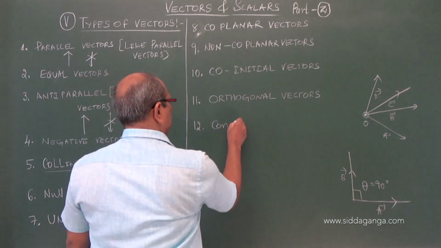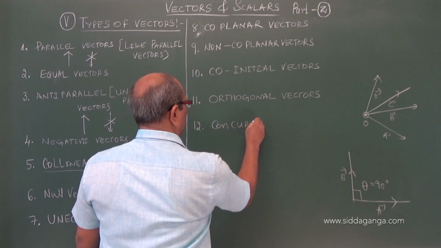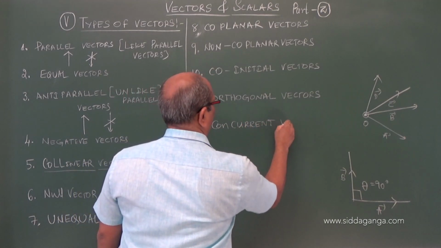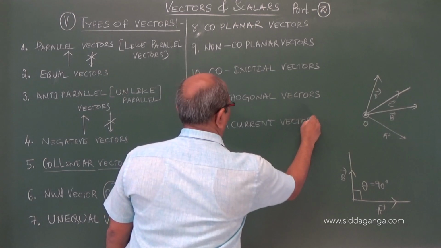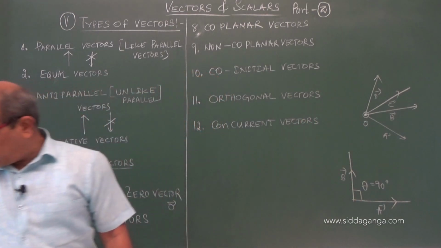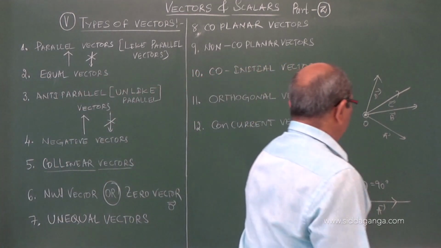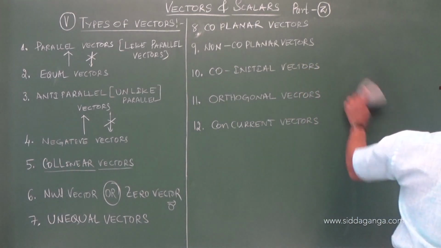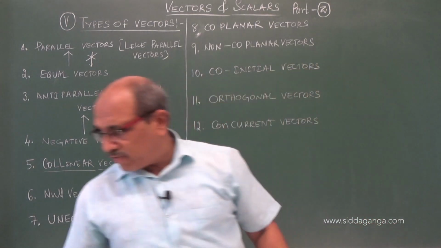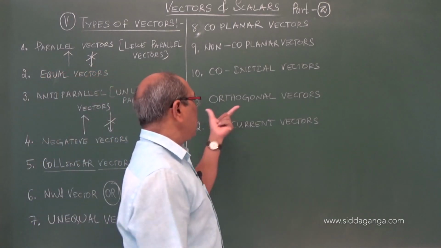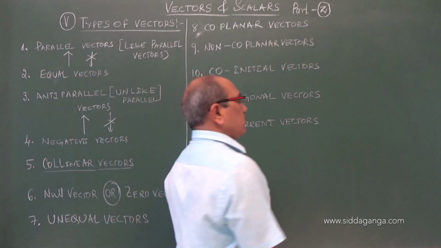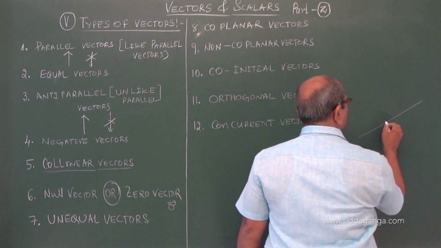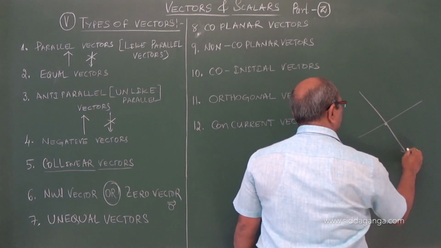concurrent vectors. Concurrent vectors. You understood co-initial vectors? Concurrent vectors means the vectors passing through a common point.